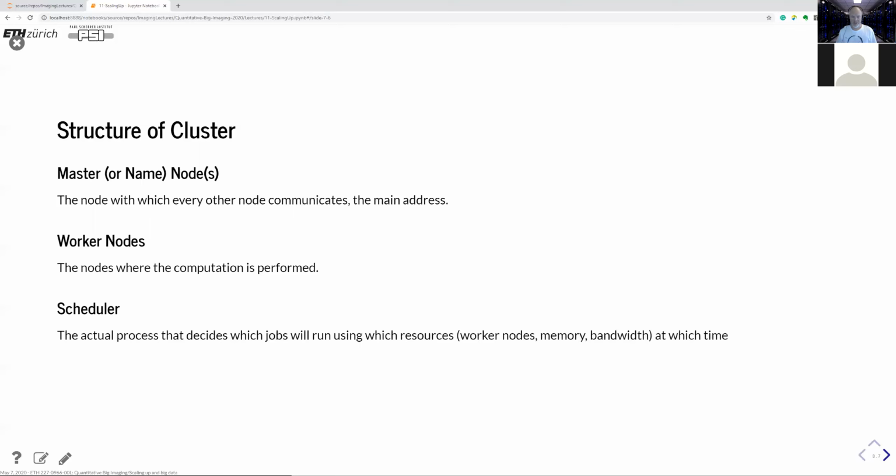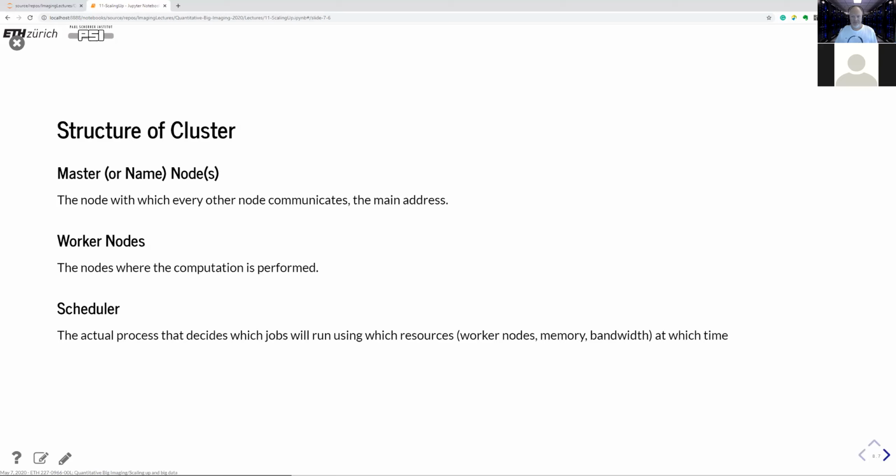The worker nodes are the big working masses. So those are the many computers, and they're connected with each other, sometimes in sub-networks in order to balance the load in a good way. And finally, there is also the scheduler, which is sometimes a specific node, and sometimes it's just a part of the master node, depending on the size of the cluster.